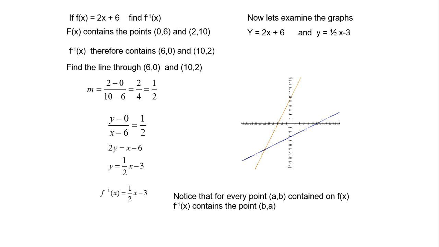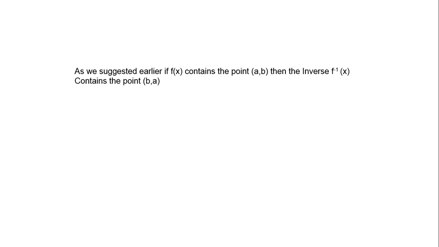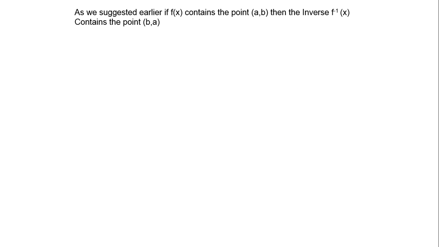And we might find another way of finding the inverse of that without having to go through that modified point slope form. All along we've been suggesting that if a point (a, b) is on a function, then its inverse would contain (b, a).